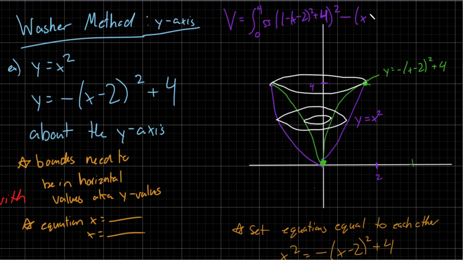Oh, we forgot something. What did we forget to do? Yes, we forgot to change them into the x form, y form. Okay, that is first. And that is what we're going to leave for homework. Change them into the other form. So this one is easy. This one should be x equals square root of y. This one is a little bit more challenging, but do that one next.